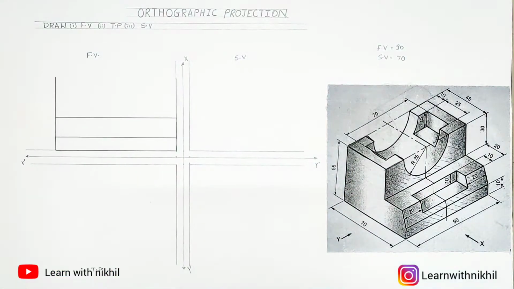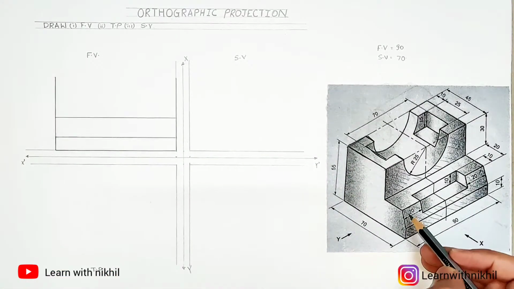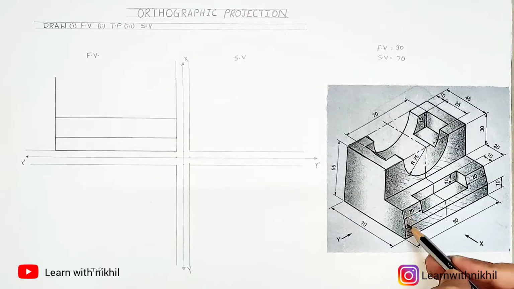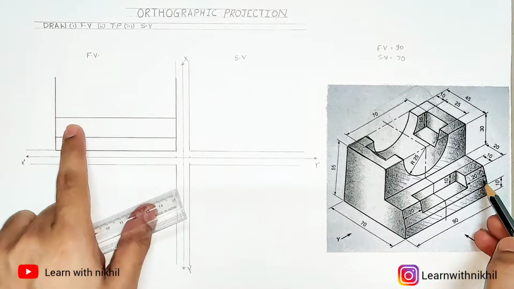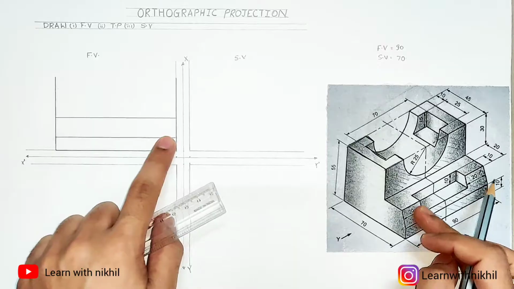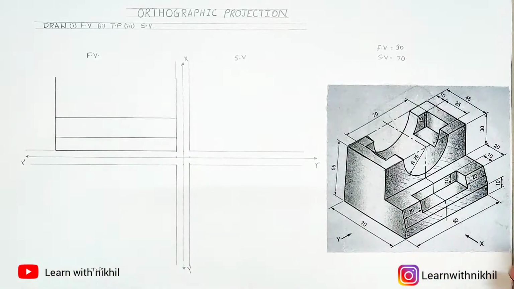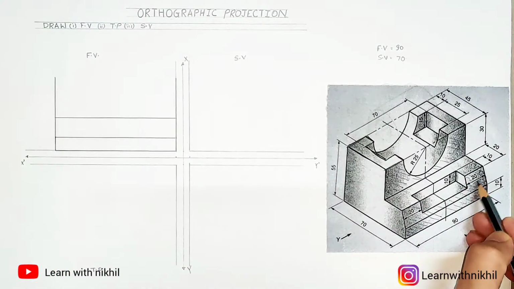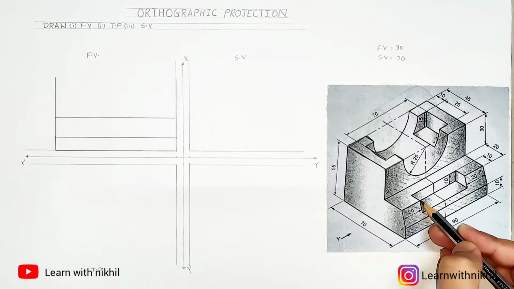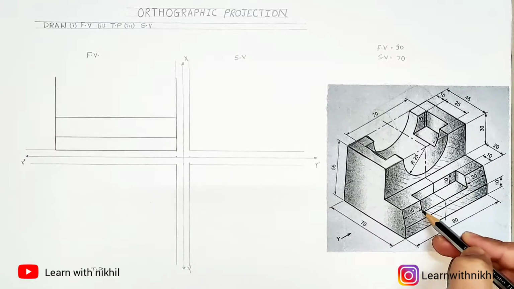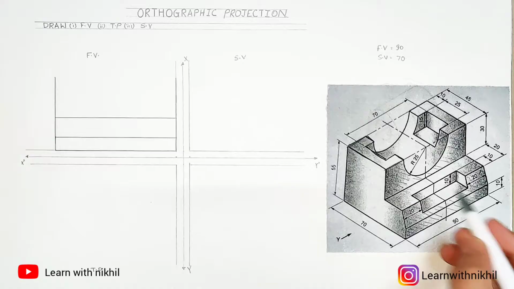So after drawing this, we automatically got the slant height. Okay? So that's not the slant distance, but that is the height, because the slant from the front view looks like a rectangle.